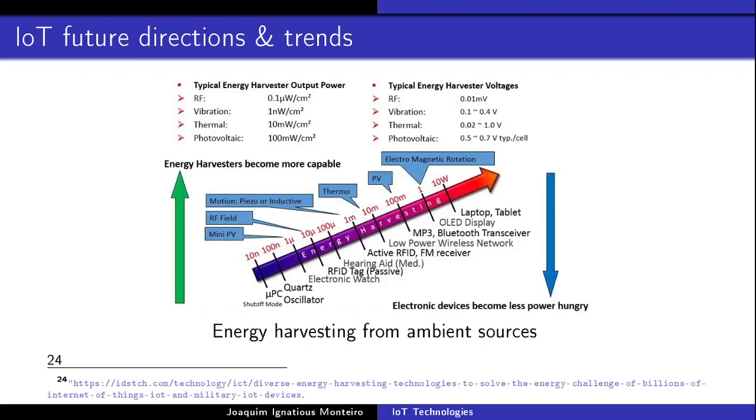Okay. Then the future trends: harvesting energy from ambient sources. You could harvest energy even from the vibration of the glass on a window pane. So different ways are there to access it.